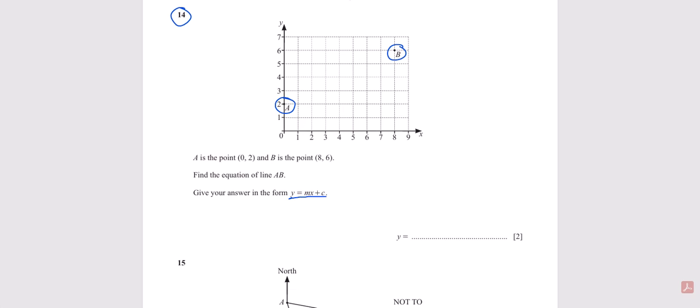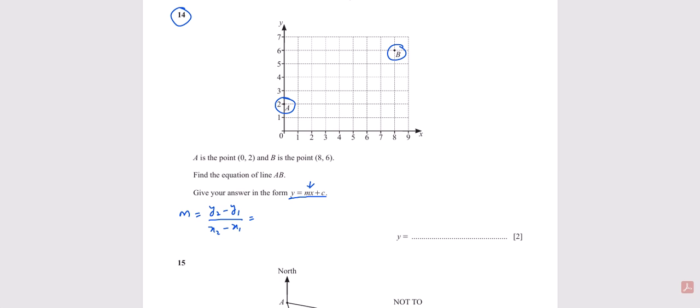So first of all, we find m. The formula for m is (y2 minus y1) divided by (x2 minus x1).